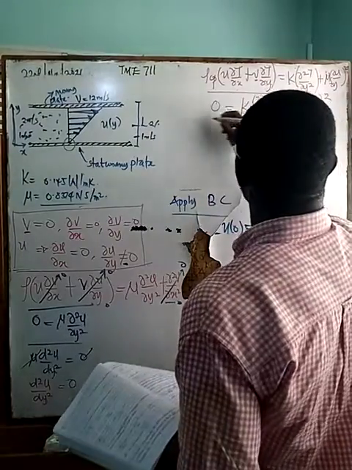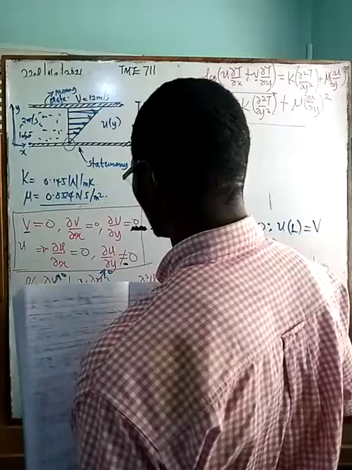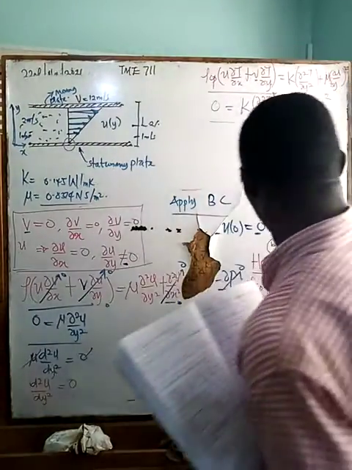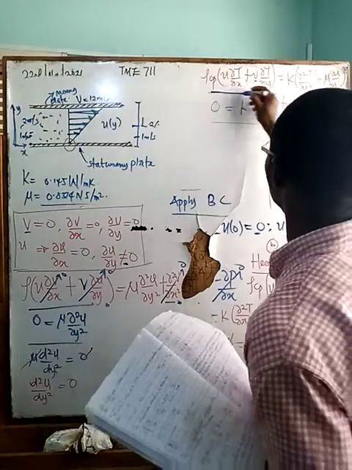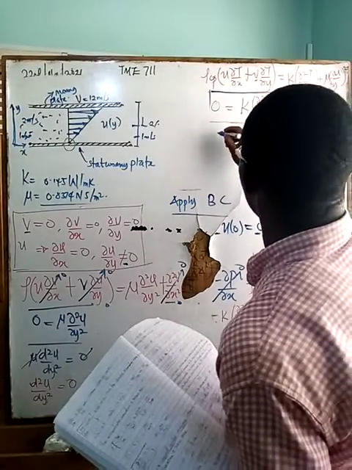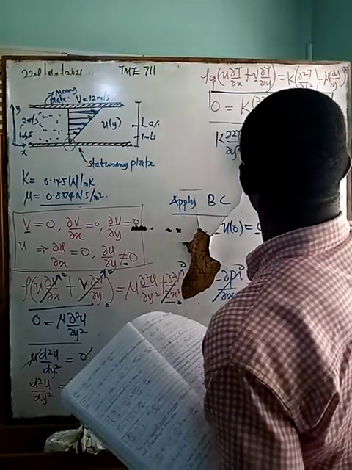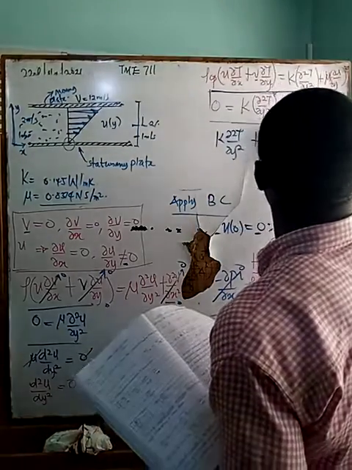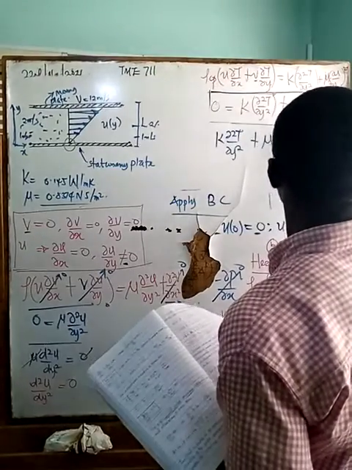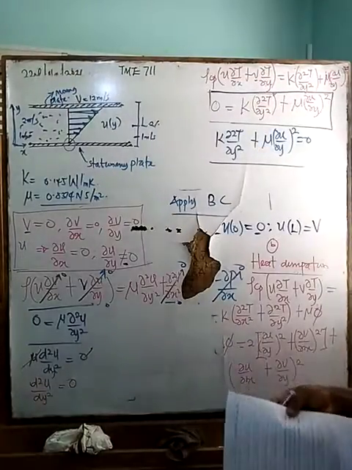So when you want to do this second one, this is what you need, this part alone. Forget about this one. You understand? Just write this one. This equation is k d square T over dy square plus mu du/dy square is equal to 0. That's the equation we need.